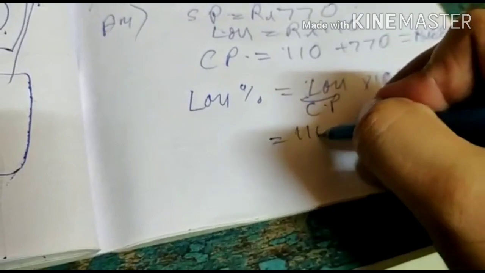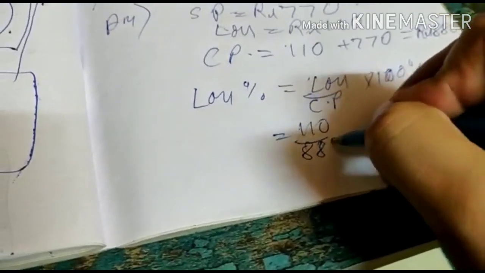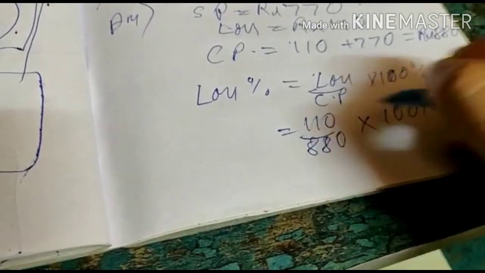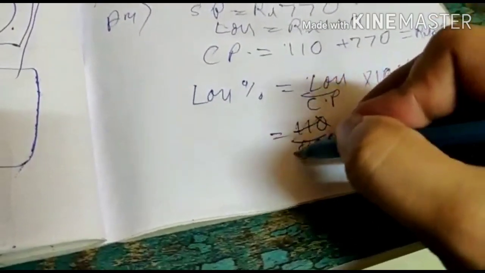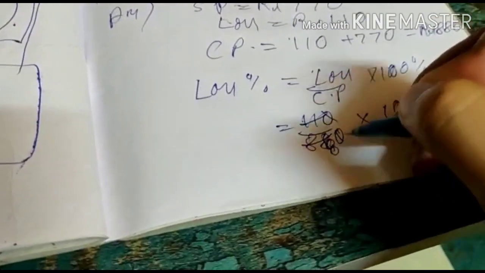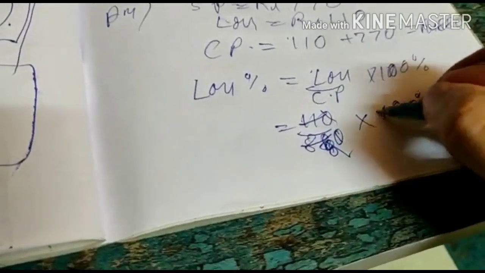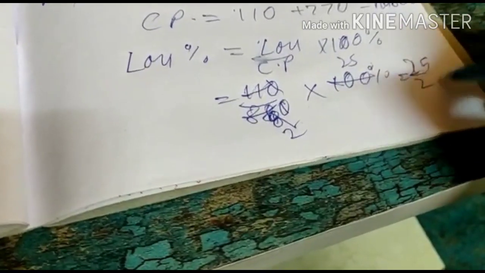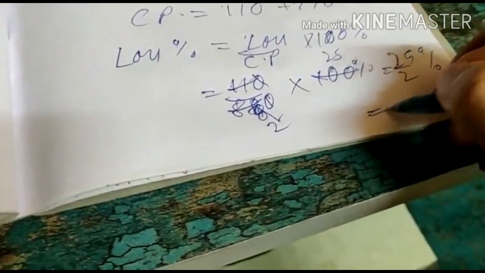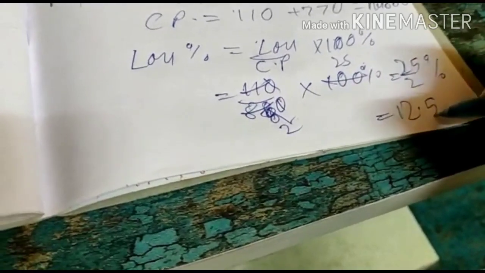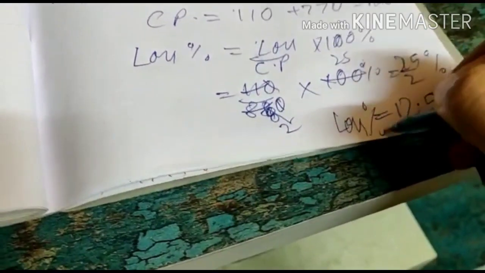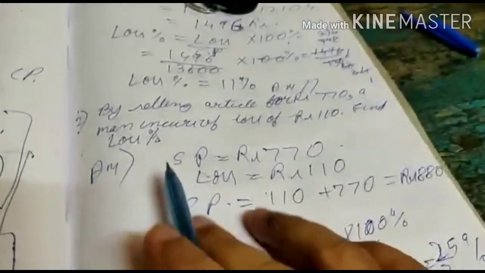So loss is 110, CP is 880 and 100%. 8 11s are 88. Then cutting it by 4, we will get 2 and 25. We are left with 25 upon 2%, that is 12.5%. This is our loss percent as asked by the question.